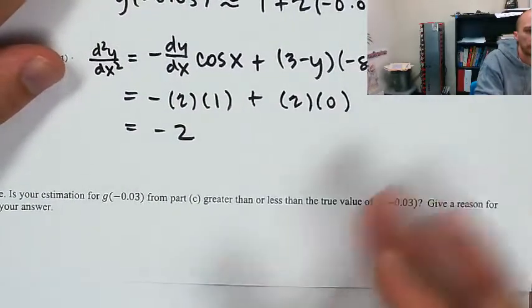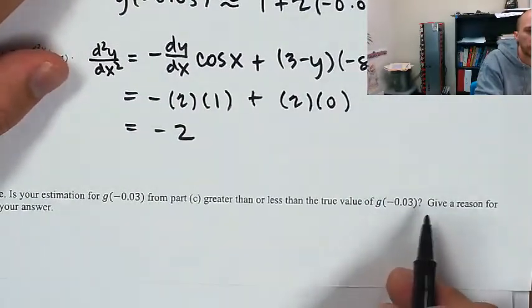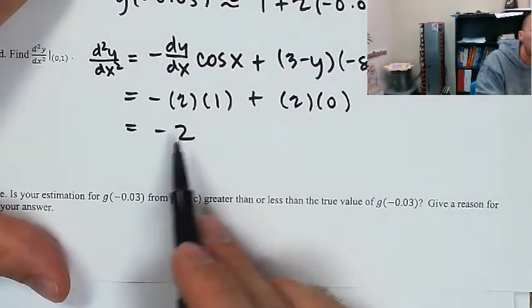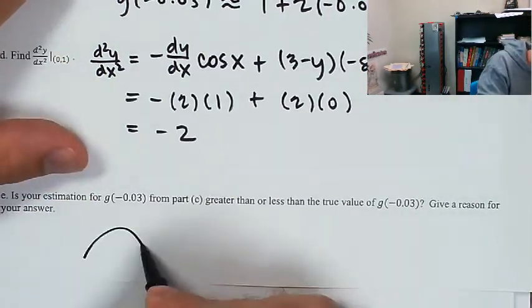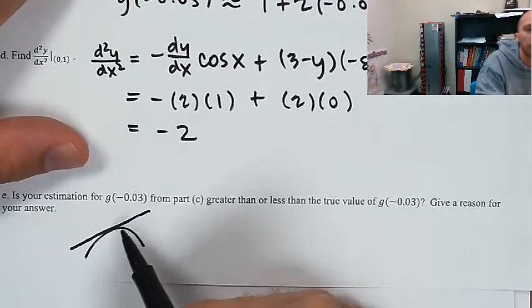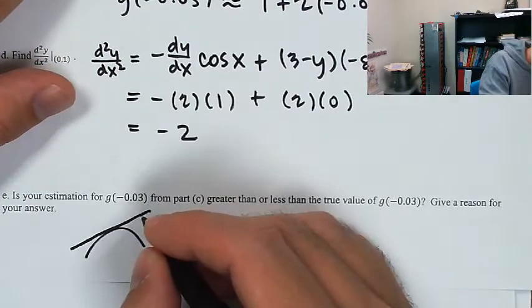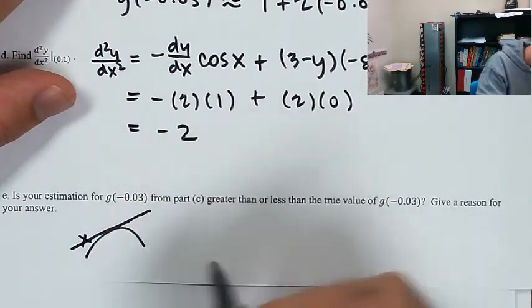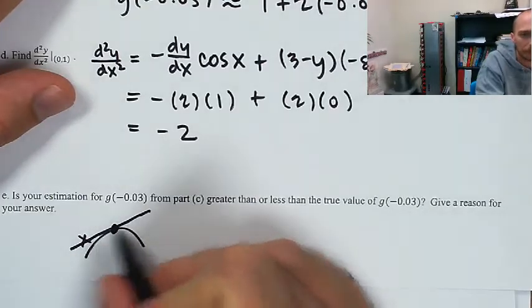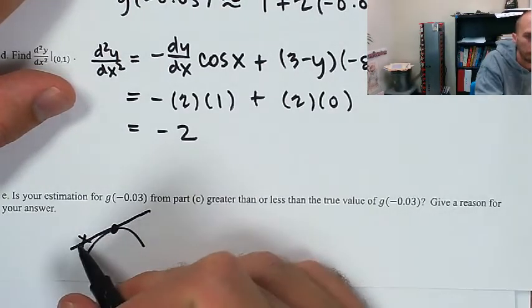And then, is my estimation greater than or less than the true value of g of negative 0.03? Give a reason for my answer. Well, I know that the second derivative is negative, and that's pretty much the entire consideration. Maybe the tangent line I wrote was like that. The estimate that I got was to the left of the centering point. But because the second derivative is negative, it didn't matter if I was to the left or the right.